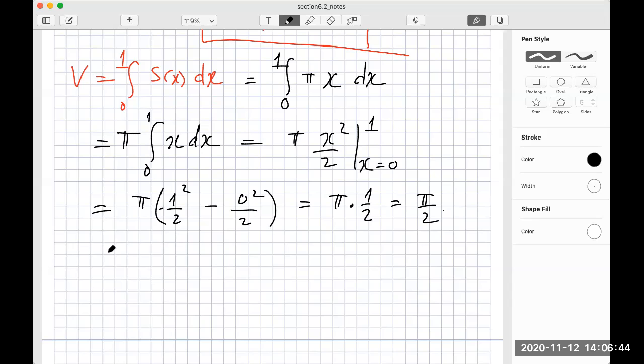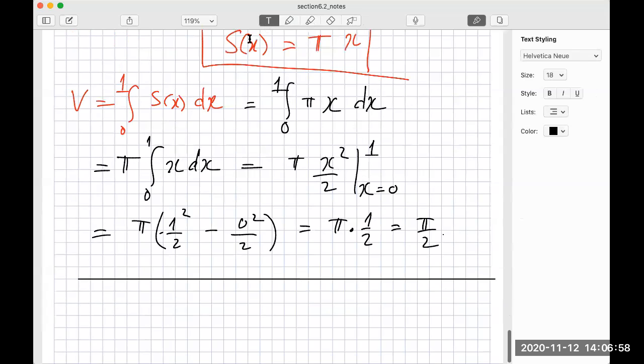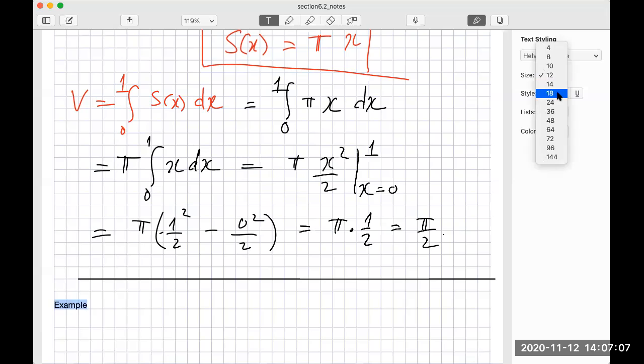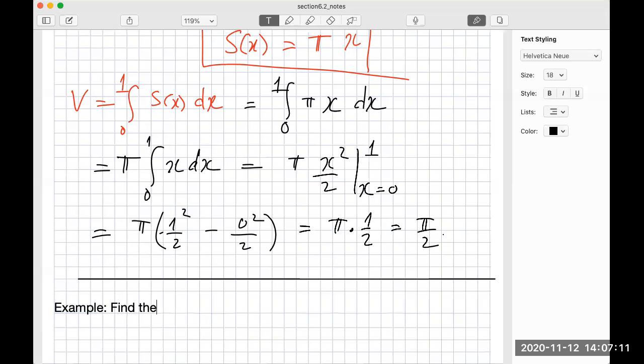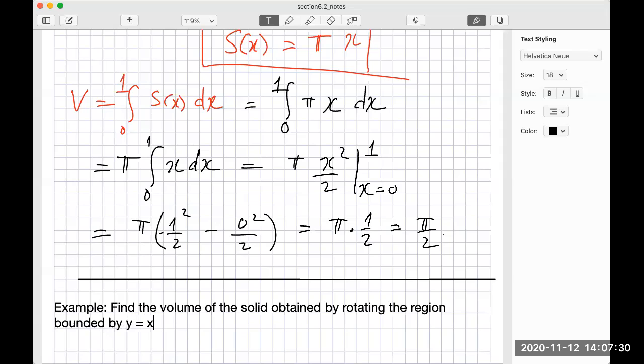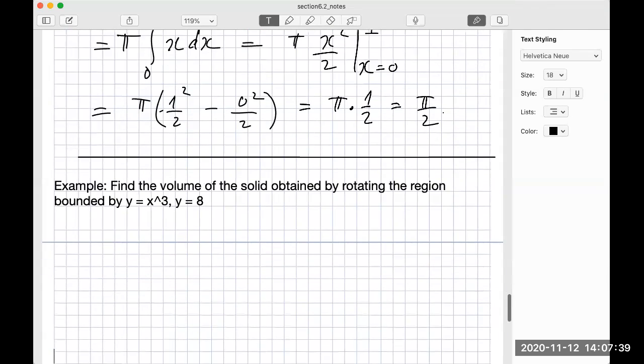So let us move on to another example. Find the volume of the solid obtained by rotating the region bounded by y equals x cubed, y equals 8, and x equals 0 about the y-axis.